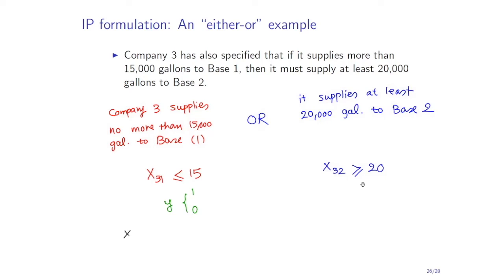So the first one becomes x31 less than or equal 15 plus a big number times y double prime, since I've used y before. So in case that y double prime is 1, this constraint becomes redundant, and if it is 0, then this constraint is in effect.